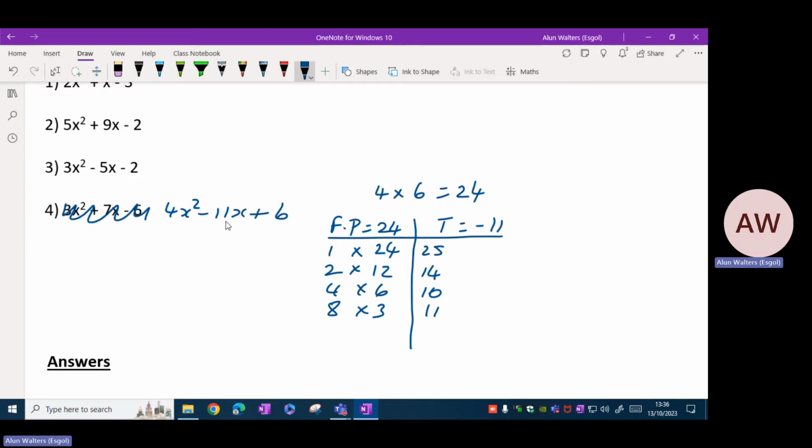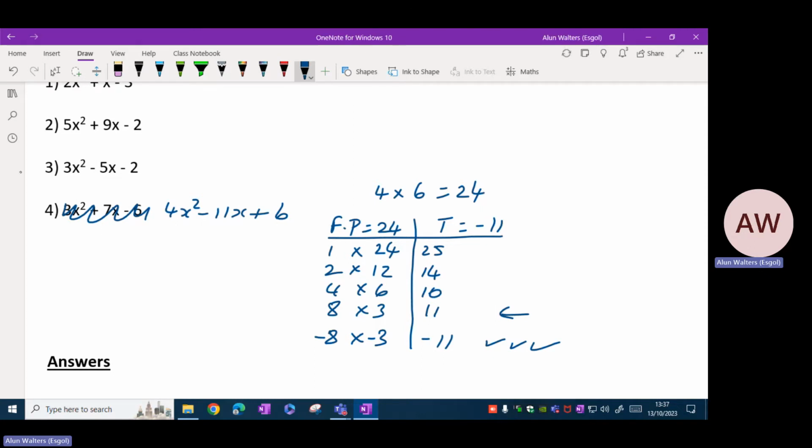So they haven't given me the minus 11. So it's something to do with this last one here. And what you should consider is that minus 8 times minus 3 gives you a total of minus 11, but they give you a product of 24. So this is what we should be using, okay?